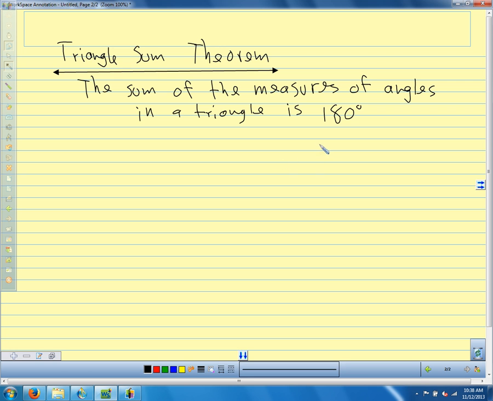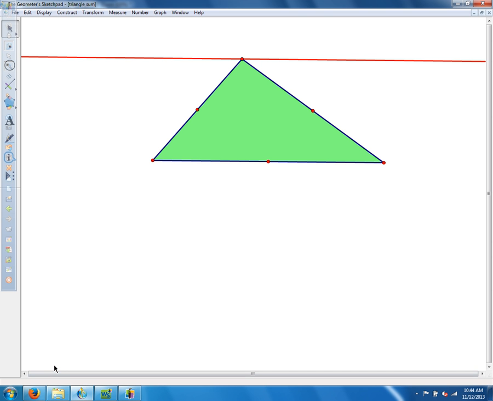So let's make a connection between the triangle sum theorem and the parallel postulate. And I have a little demonstration that shows that connection. What I've done here is I made this red line parallel to the bottom of this triangle.